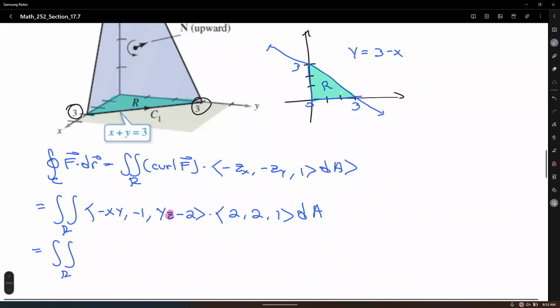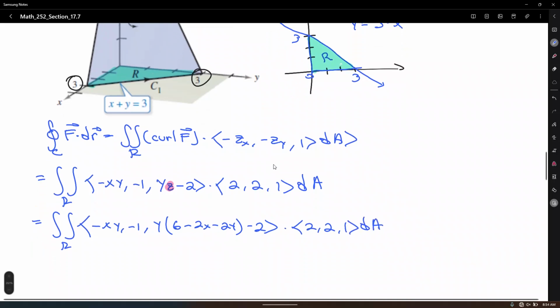The double integral over the region R, everything else remains the same. negative xy, negative 1, y times z. Careful, that's 6 minus 2x minus 2y, minus 2. Close the vector. Dot it with 2, 2, 1, dA. We will iterate this later.